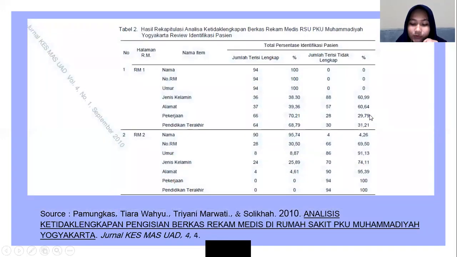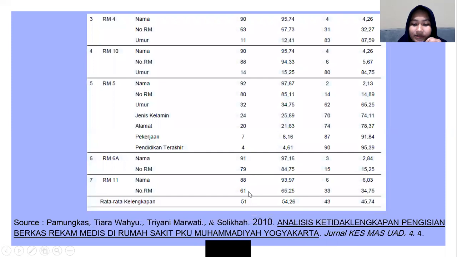And this is one of the studies of quantitative analysis in a hospital. It was found that there were some parts that were incomplete. For example, in the gender section, there are 36 documents filled complete and 88 documents filled incomplete, and so on until the average completeness is 51 documents filled complete and 43 documents filled incomplete.